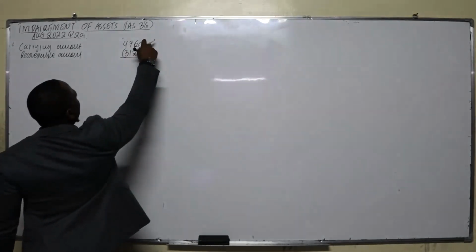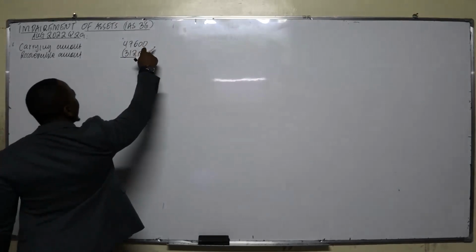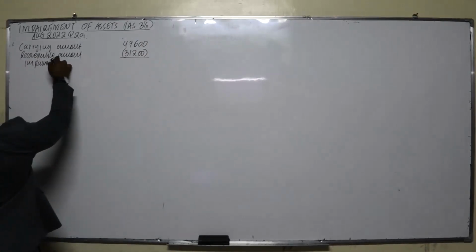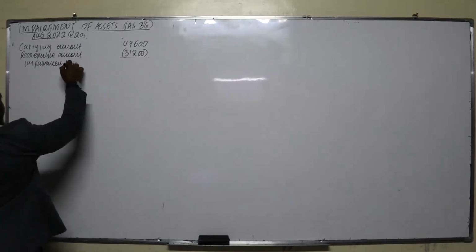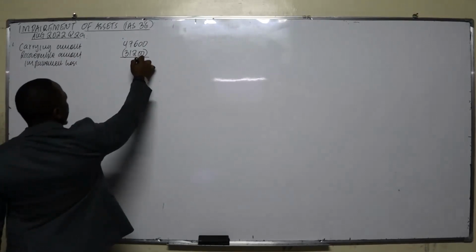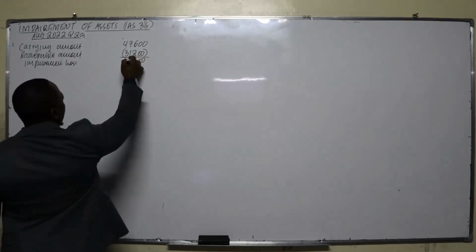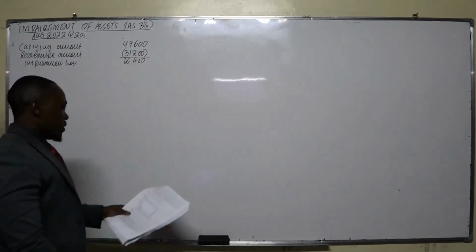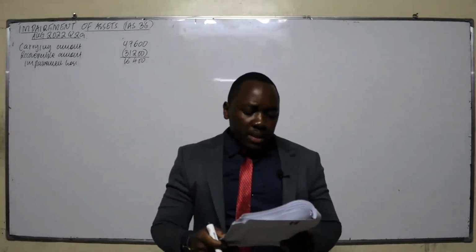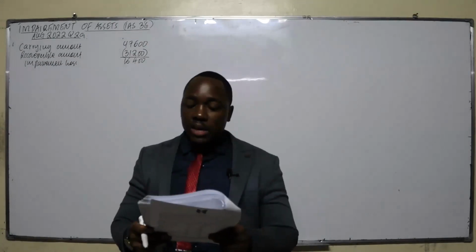So the carrying amount is more than the recoverable amount, so that means there was impairment, an amount of 16,400. Number two, half of the machinery have been destroyed and have no salvage value.